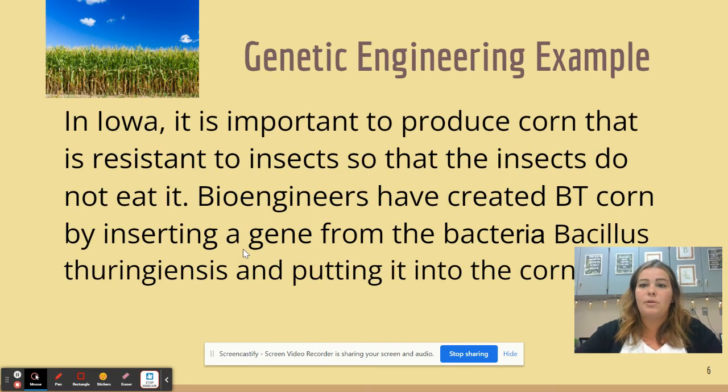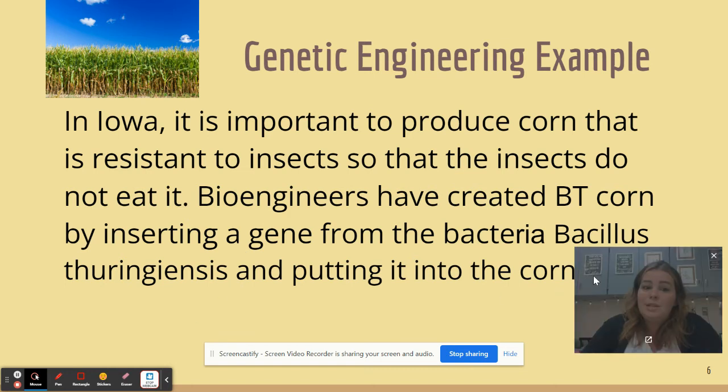A second example of this would be our corn here in Iowa. In Iowa, it is important to produce corn that is resistant to insects so that the insects do not eat it all. Bioengineers have created BT corn, which is the number one corn that's produced here in Iowa and in our nation as a whole.